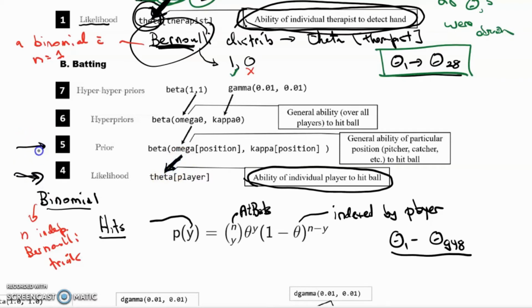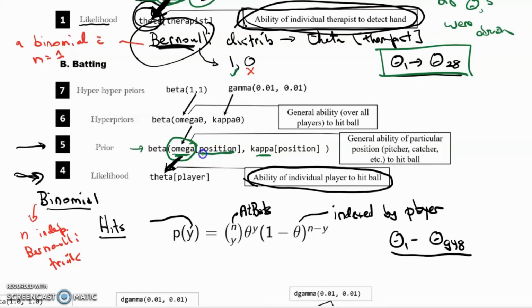And the prior for theta is going to be a beta distribution with parameters omega and kappa. A couple things worth noting. First of all, we're really going to be focused on omega, because that's going to be a reflection of hitting ability.